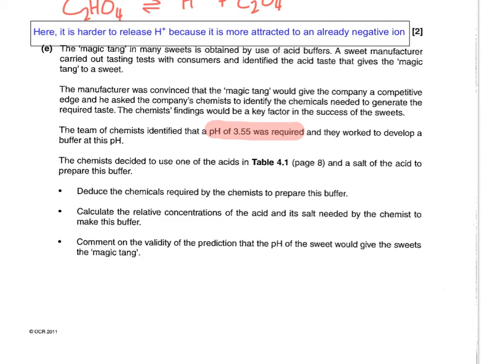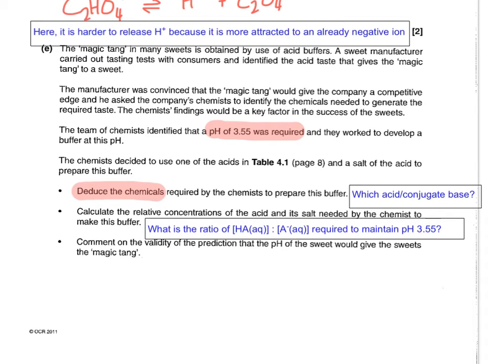So what we've got to do is go back to the table and use the pKa values to work out which of the acids would be the acid you'd need, because they're asking you to deduce the chemicals, which is essentially which acid and conjugate base combination. Essentially, when they ask you to calculate the relative concentrations, it's the ratio of the weak acid concentration to its conjugate base concentration required to maintain pH 3.55.